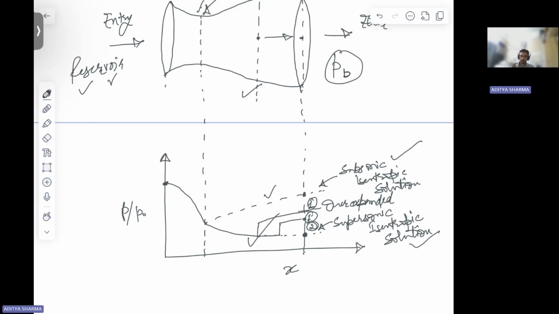And as you keep on decreasing the back pressure, even in your divergent section, flow starts to be supersonic, right? So you decreased your back pressure and your flow is again supersonic till this point, right?